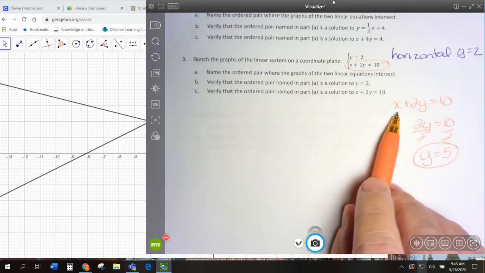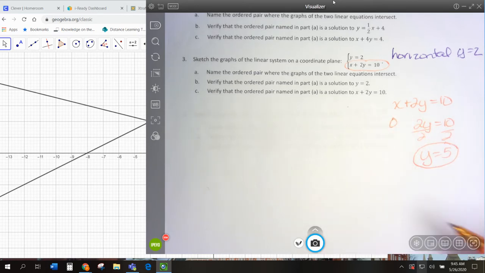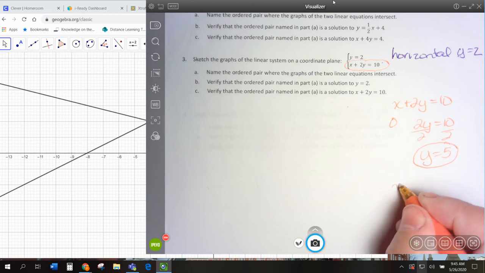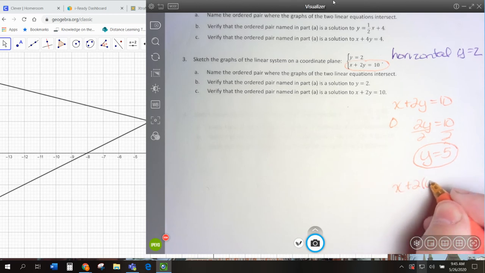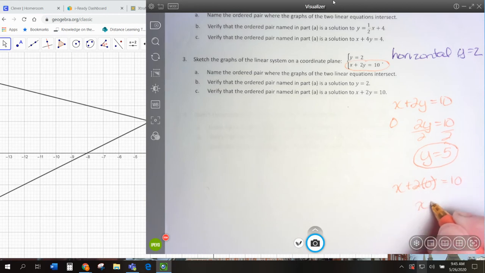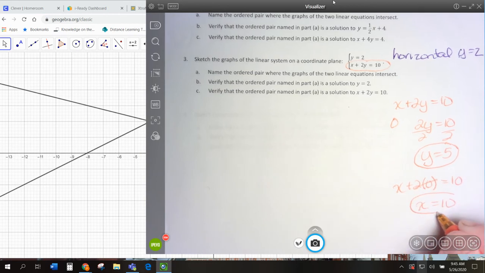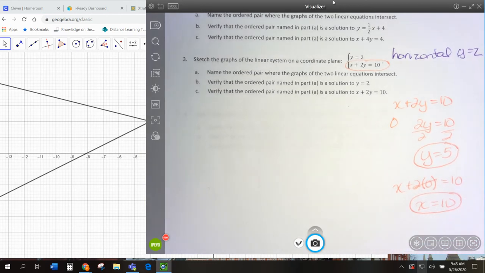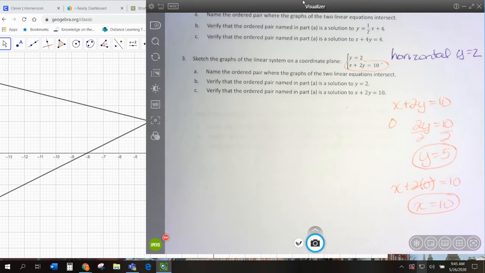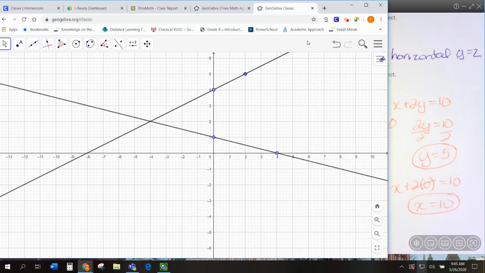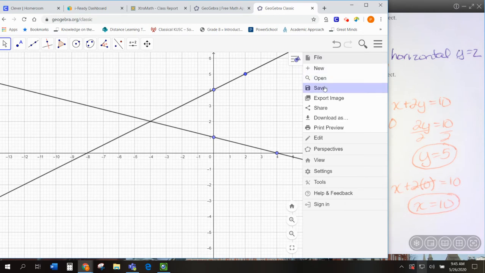To get my x-intercept, I make y 0. So I have x plus 2 times 0 equals 10. That's 0, so x equals 10. So there's my x-intercept. So let's go over here and graph it. Let me make sure I get rid of our old graph.